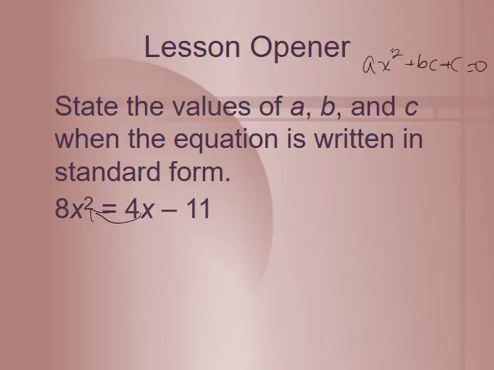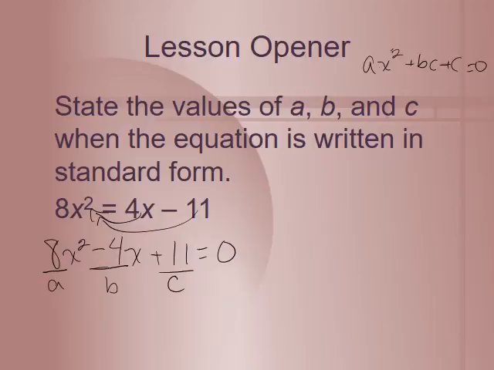Let's move this over, because we already have an 8x minus 4x, because we had to subtract, and if we move this over, it's going to be plus 11. So now we have an A, B, and our C. Don't forget that negative that's in front of the 4.